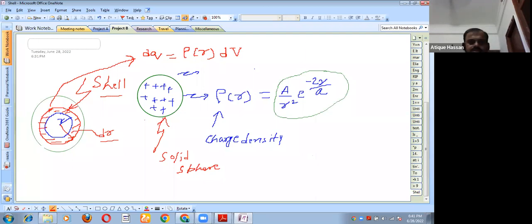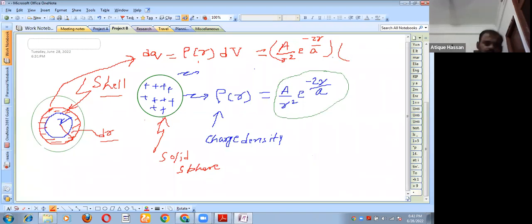Here rho(r) means r is given in brackets, which represents a function. It is not multiplication. It is just to represent the variation of charge density with r. So we will put the value of rho, which is A by r square e to the power minus 2r upon k. And what will be the value of dV? Can you suggest, Rifat, what is the value of dV?